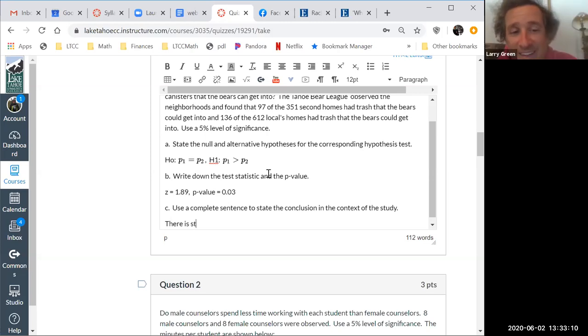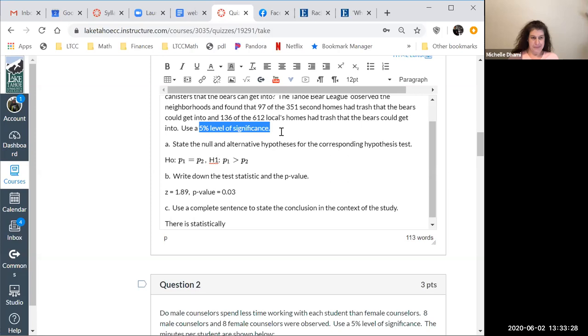There is statistically. Now we have to decide, is it significant or insignificant? Notice our p-value is 0.03. We have a 5% level of significance. So is it significant or is it insignificant?